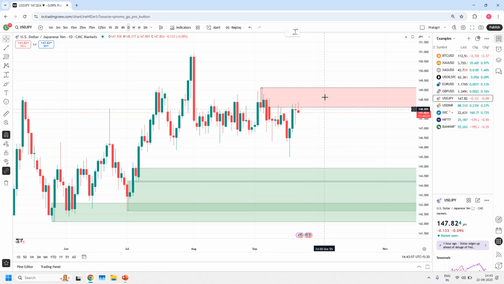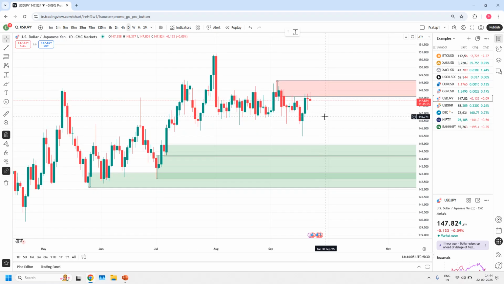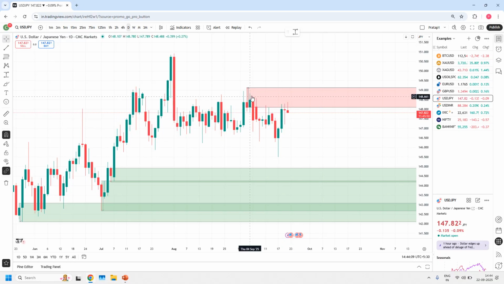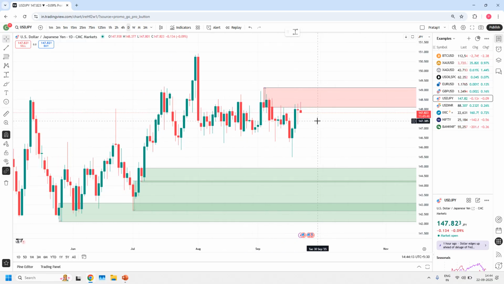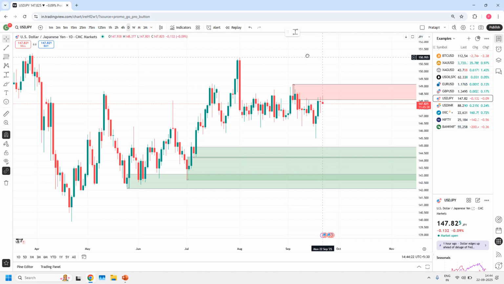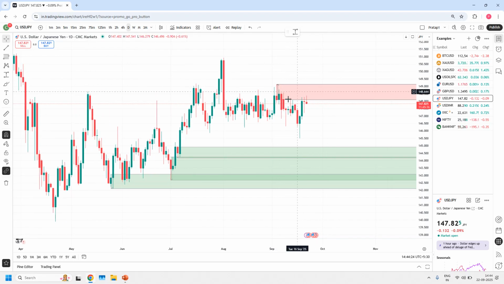If that is the case, again prices will be moving sometime within this area. But at this point of time, the trend in USD Japanese yen is a downtrend. Just started as per the zone violation. And this supply zone is responsible for that. This supply zone might be having a lot of strong order flow.